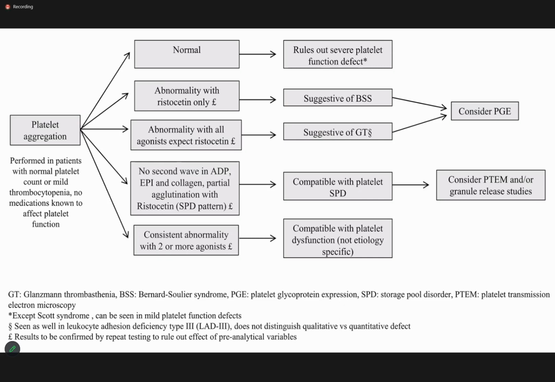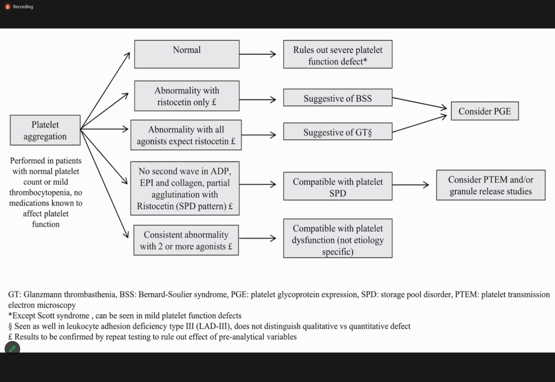After that you can consider platelet glycoprotein expression by flow cytometry to confirm the diagnosis. And if in the platelet aggregation there is no second wave with ADP, epinephrine, collagen, and or a partial agglutination with ristocetin, it is compatible with platelet storage pool disease.